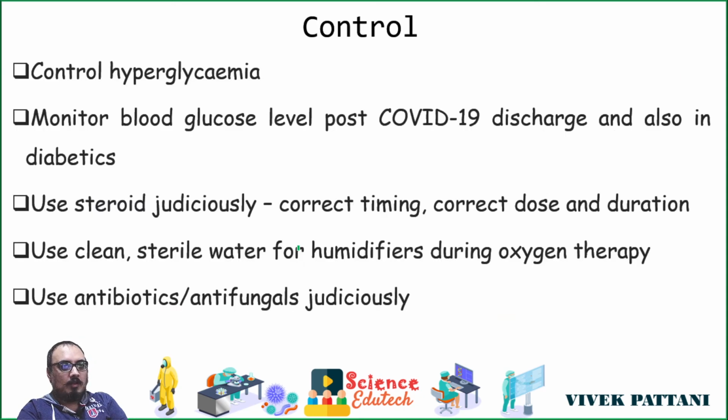membrane. And for control, as per ICMR guidelines: control hyperglycemia, that is, control your blood sugars, and monitor glucose levels post COVID-19 discharge. Also, in the case of diabetic patients, use steroids judiciously, with correct timing and dose, and do not overuse the steroids.